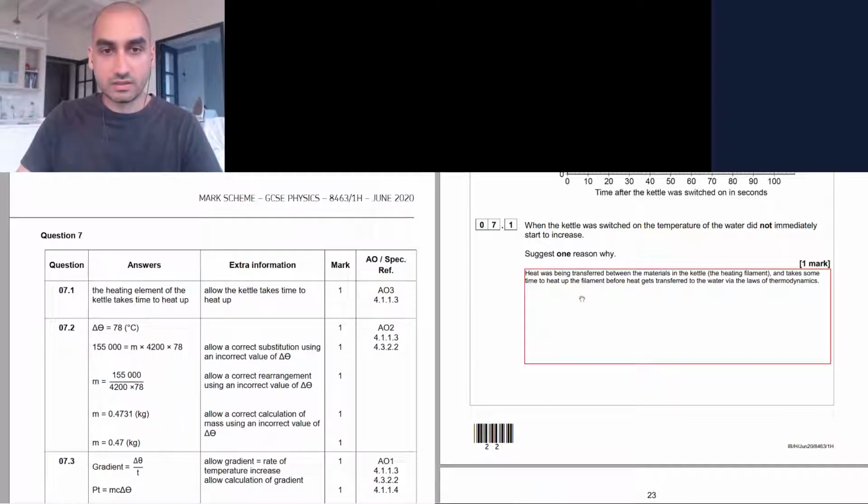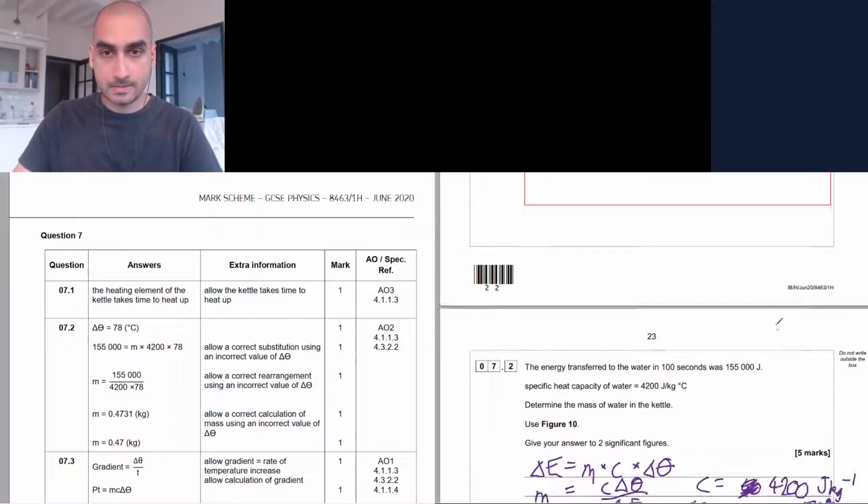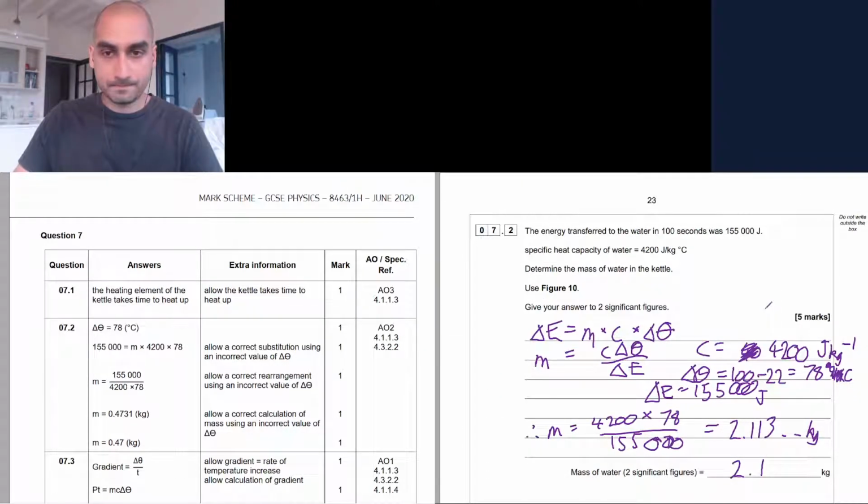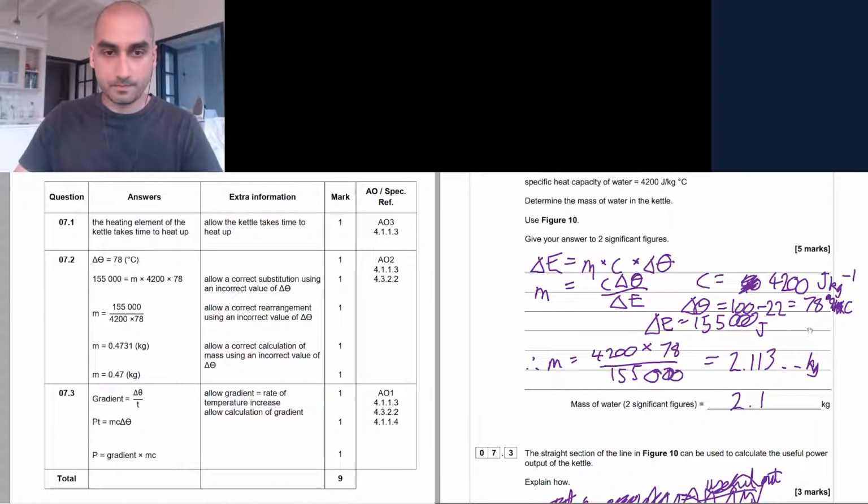Heating element of the filament? Element? Is that the same thing? Yeah. 2.1. What the heck? 0.47?